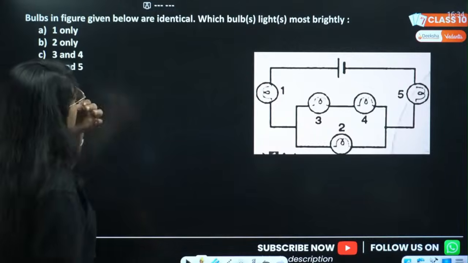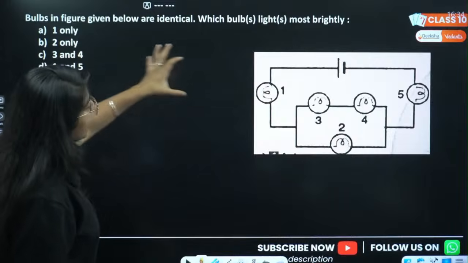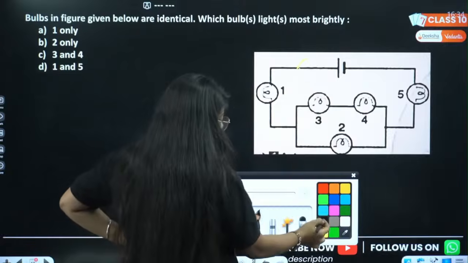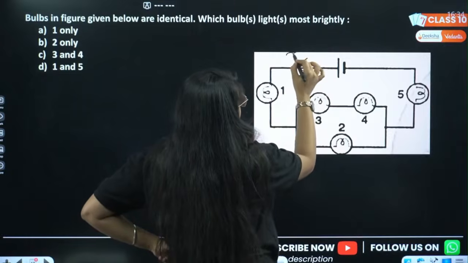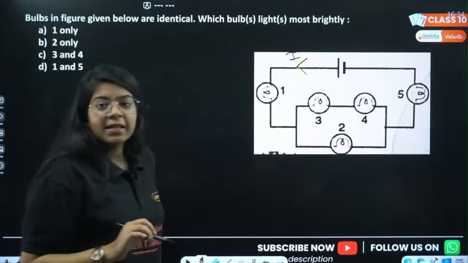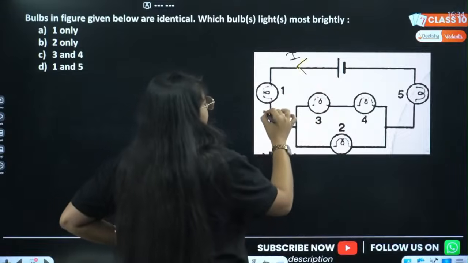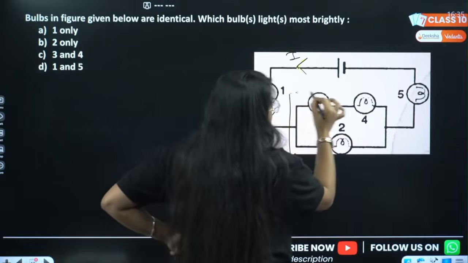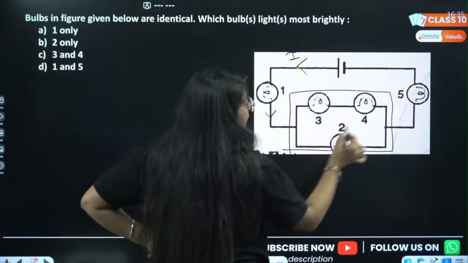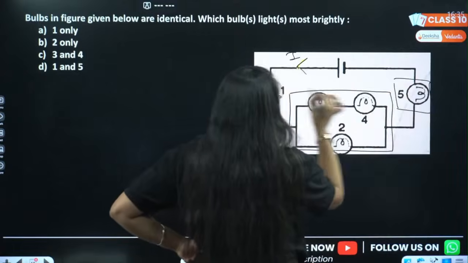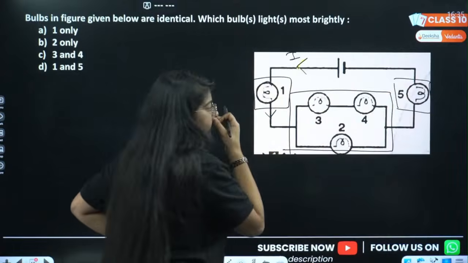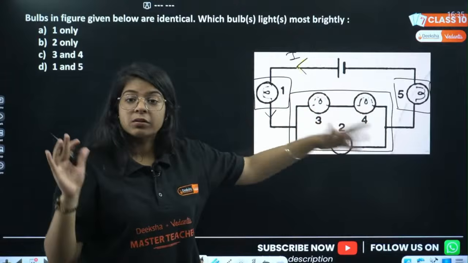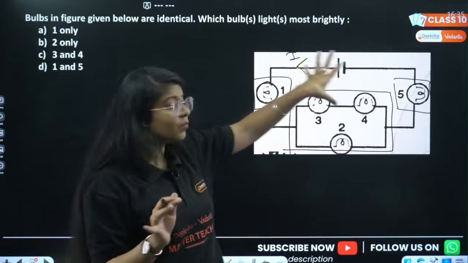So the first thing is we need to see that there is a current passing through something like this. Now this one, this whole circuit, and this 5, these 3 are in series. Correct? Not the individual one. The whole 3 combined are in series with 1 and 5.